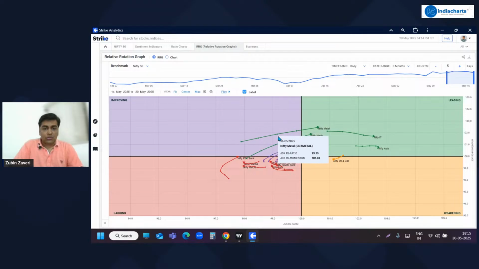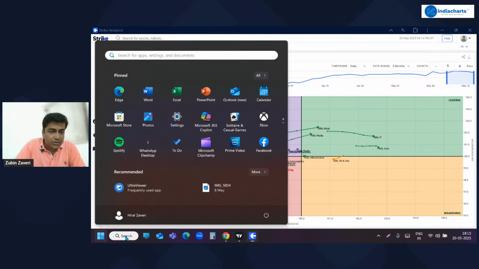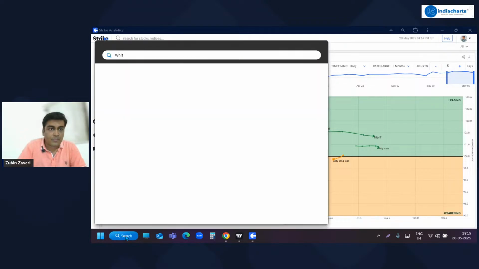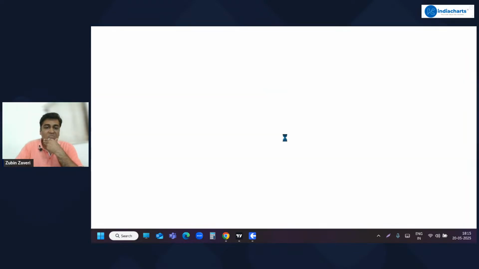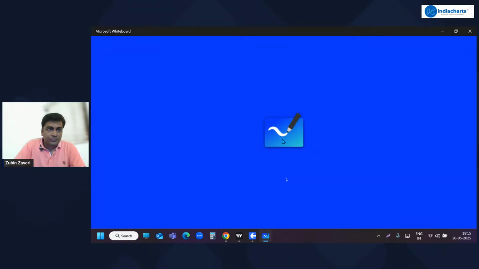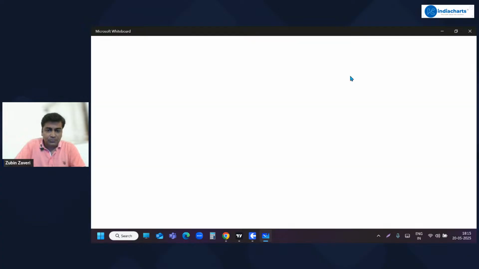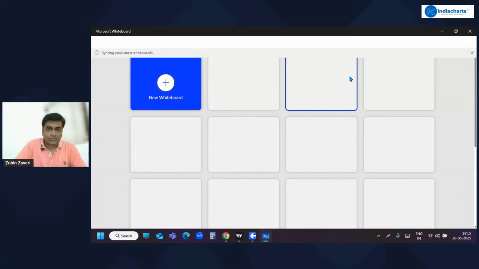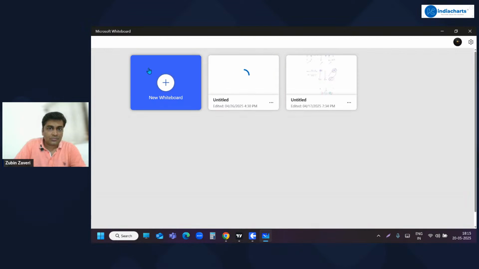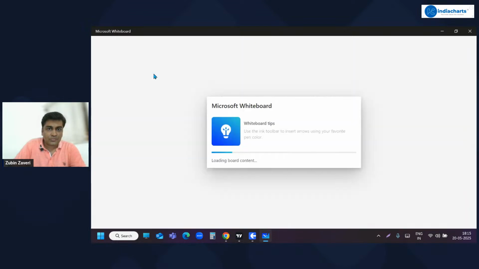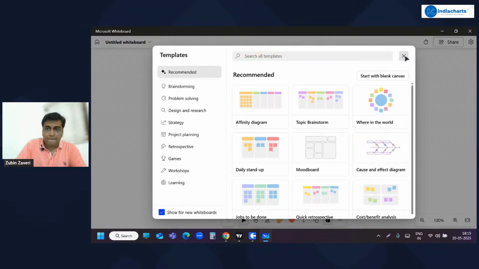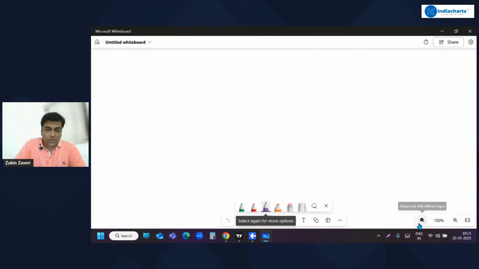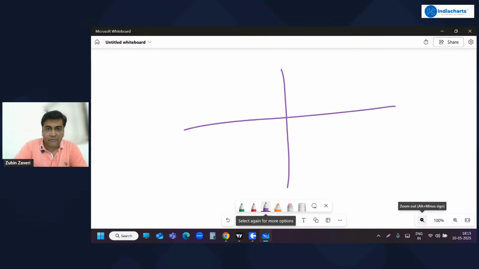So the first thing is, let me open up a whiteboard. Okay, my friends, we have four quadrants.